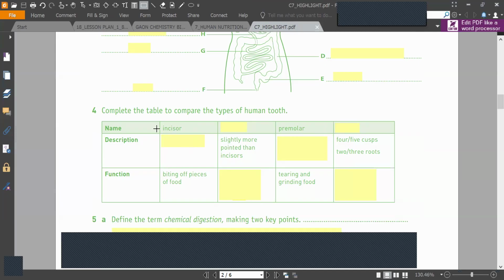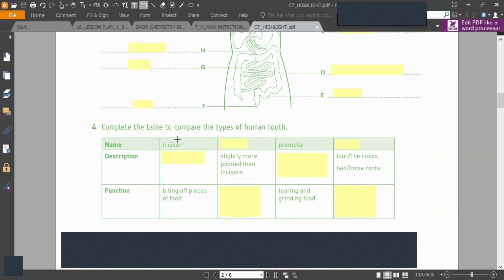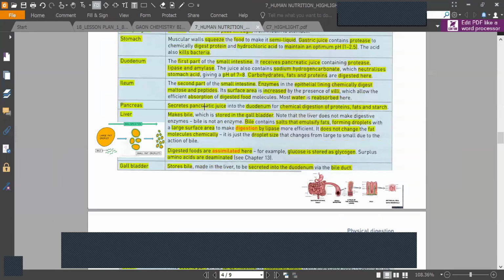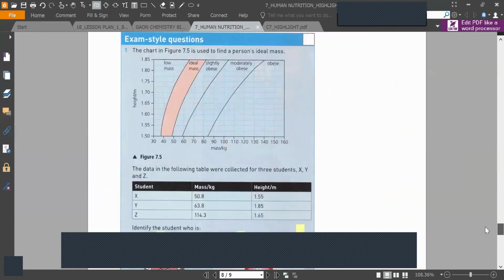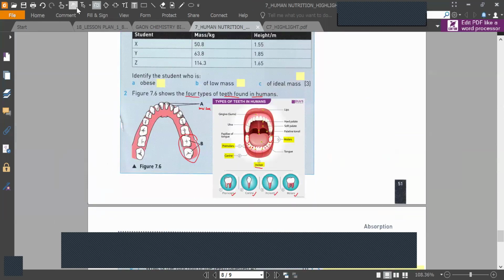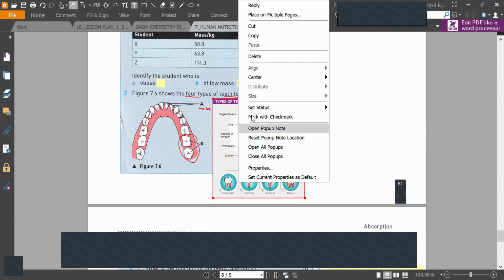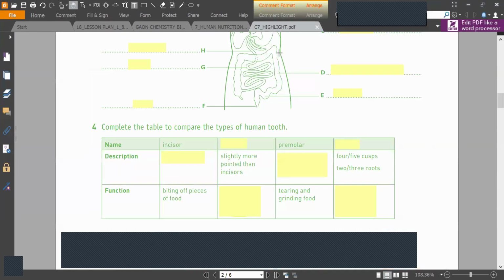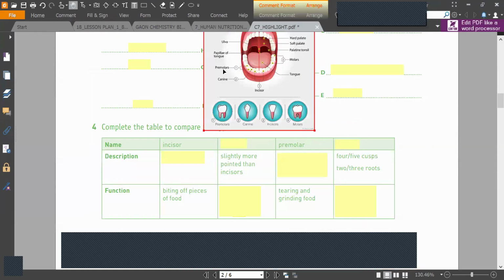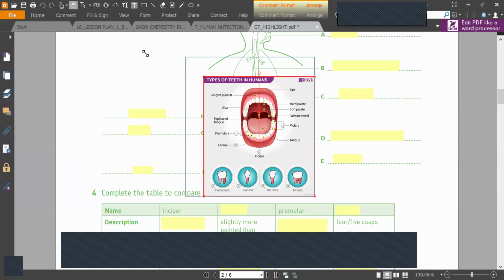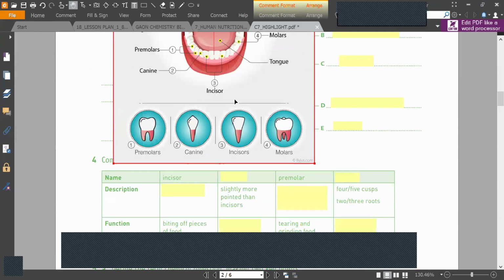So, four types of teeth. We did have the label just now. Let's take a look. So we remember that, four types of teeth.